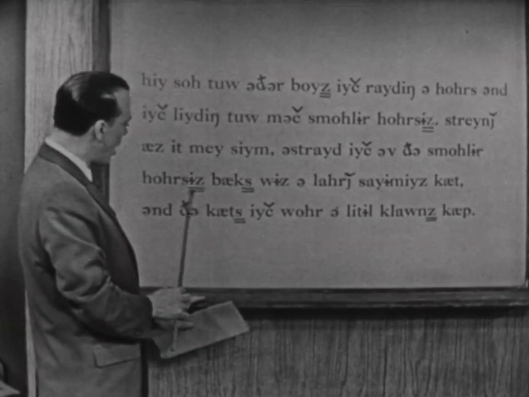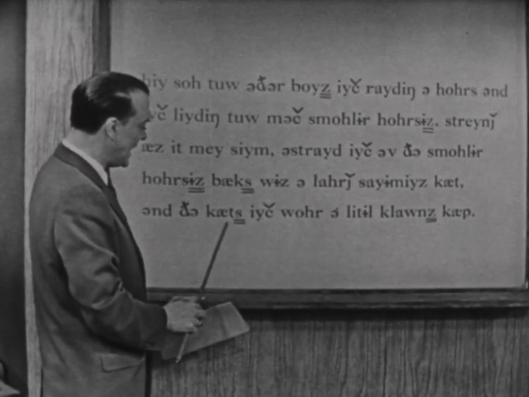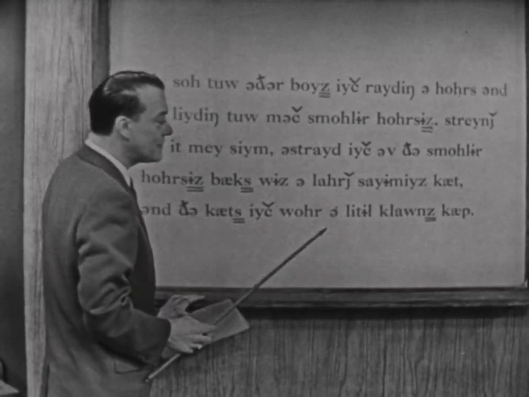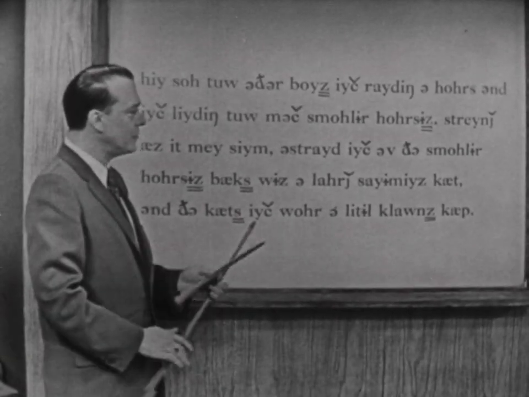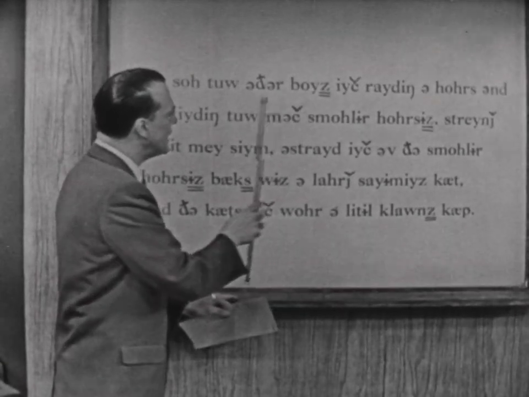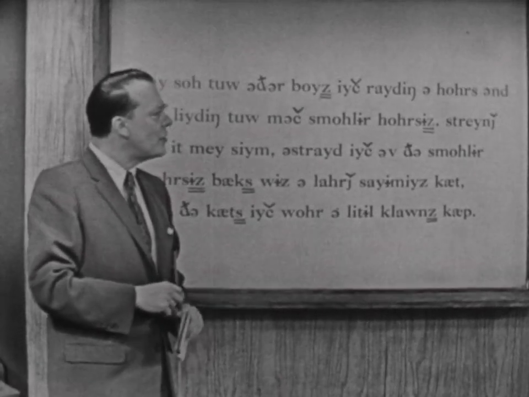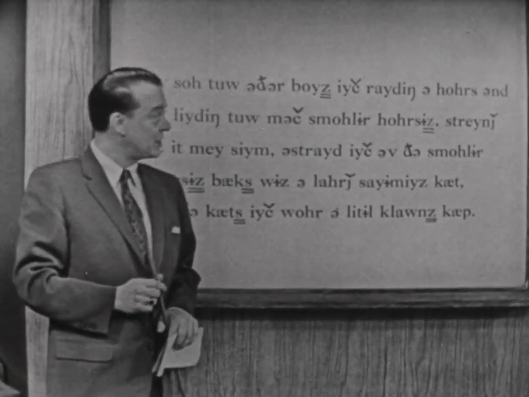And down here, barred-eye Z on horses' backs. Here an S on the end of backs, an S on the end of cats, a Z again on the end of clowns. Now these particular recurring partials, all of them, but particularly these that we have double underlined, are among the most important kinds of morphemes or recurring partials that we have.